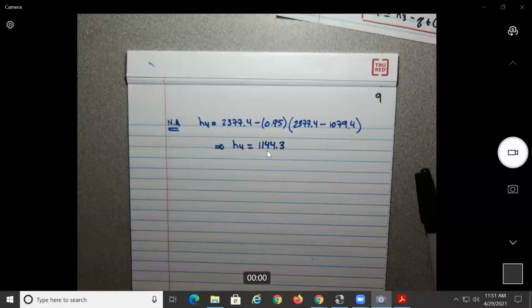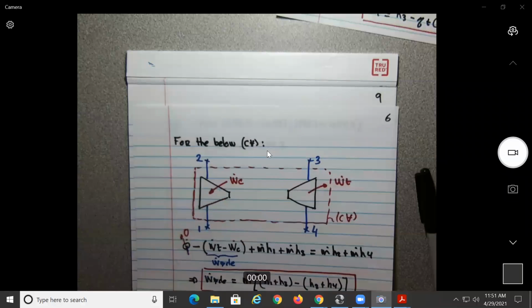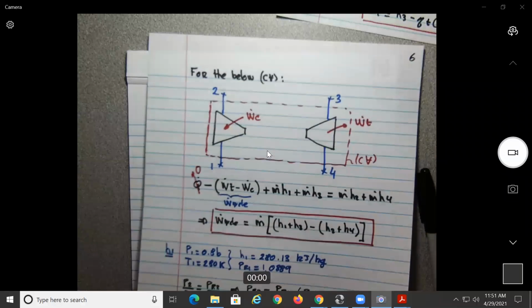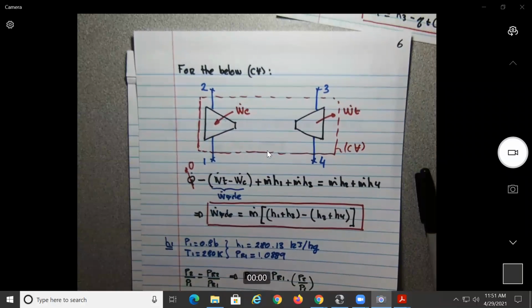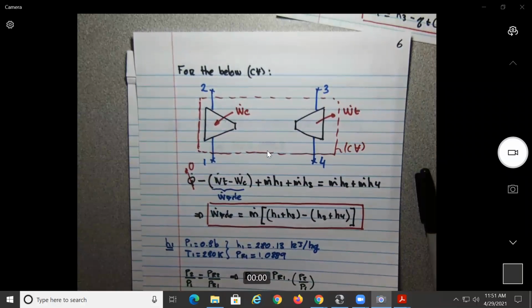Okay, so now we got the value for H4, meaning that we have all the data now to find the work of the cycle, which is this expression over here that we had on page 6.